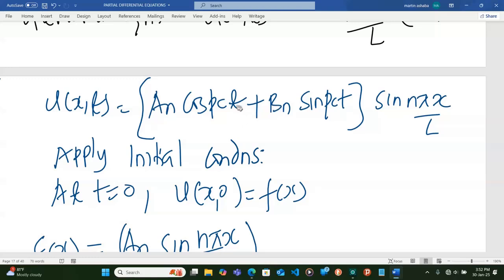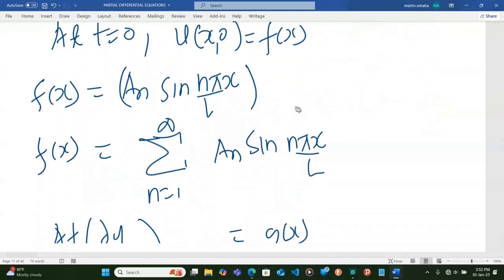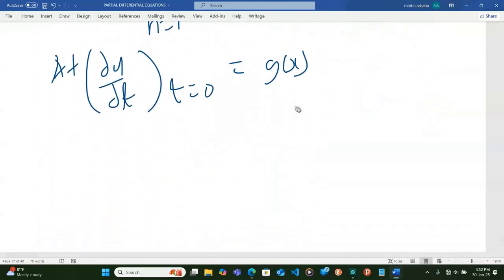When we differentiate with respect to t, I'm going to have a negative an sine pct, with the pc at the end, then pc bn.